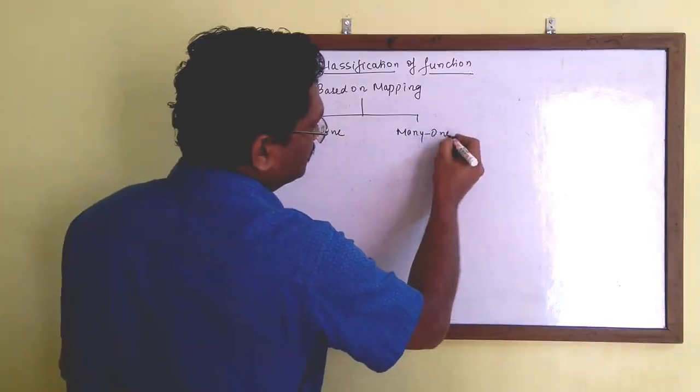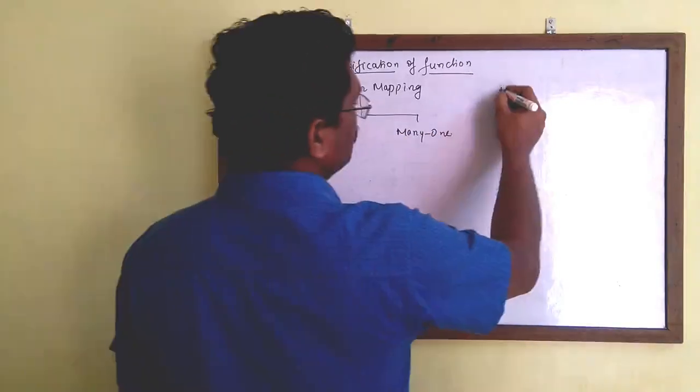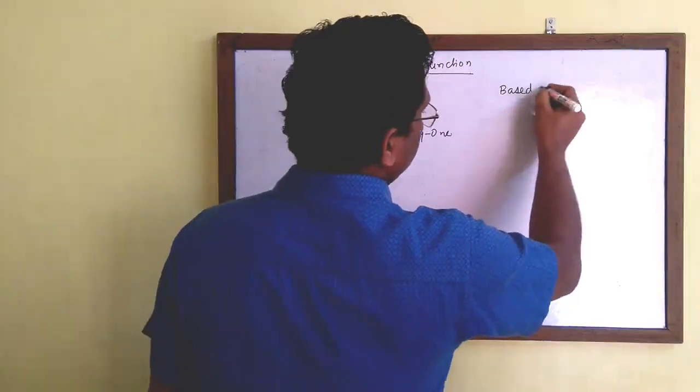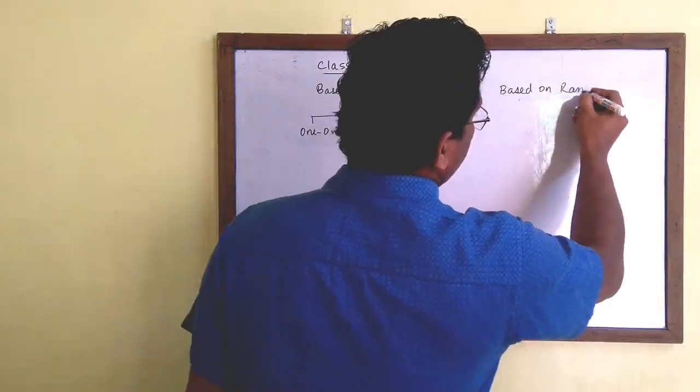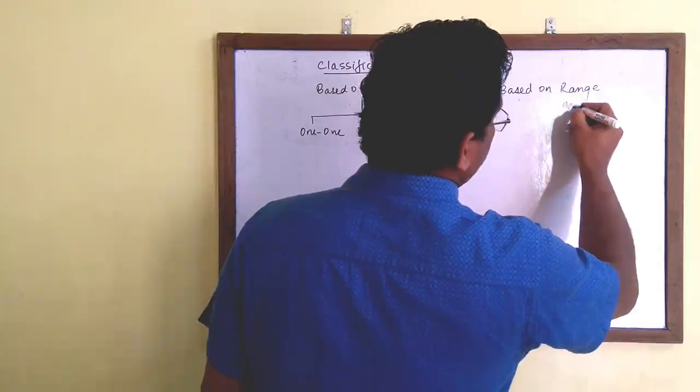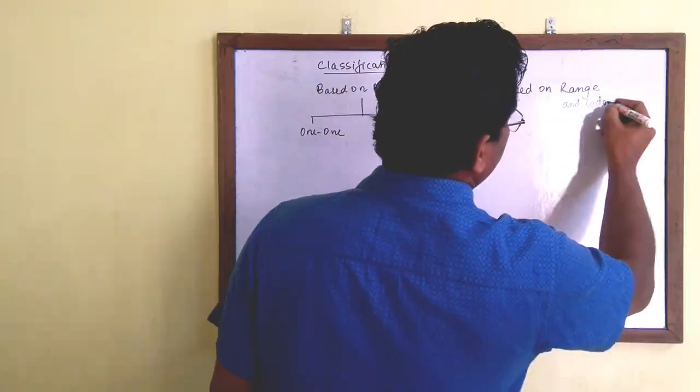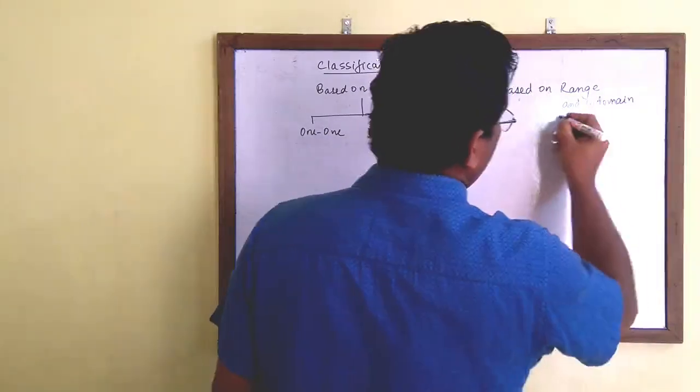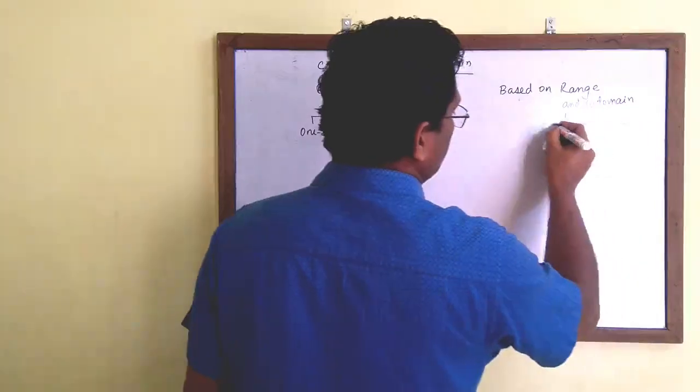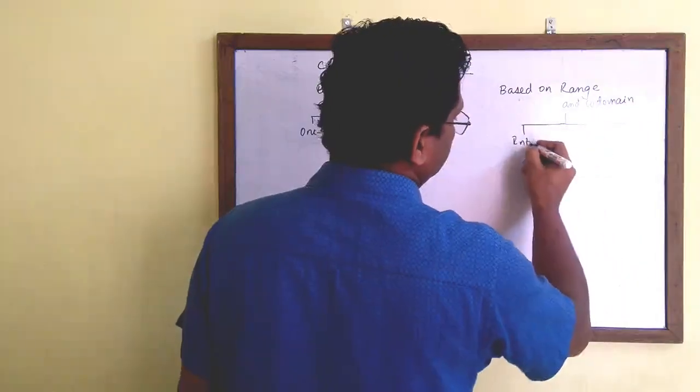Based on range and codomain, functions can be classified as into and onto.